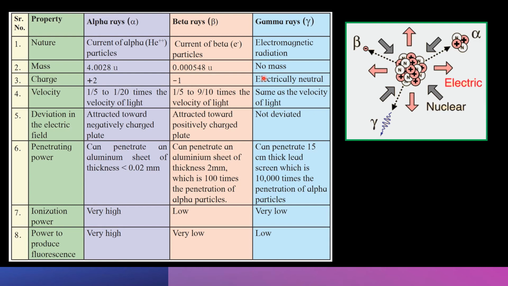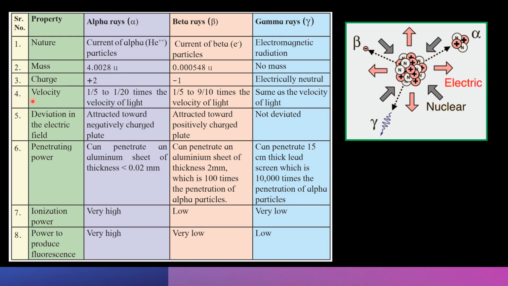And gamma rays, as they have no particle in them, have no mass. When we look at the charge, since alpha rays contain two positively charged protons, the charge of an alpha ray is +2, whereas beta rays consist of electrons, so the charge is -1. Gamma rays do not have any charge, they are electrically neutral.